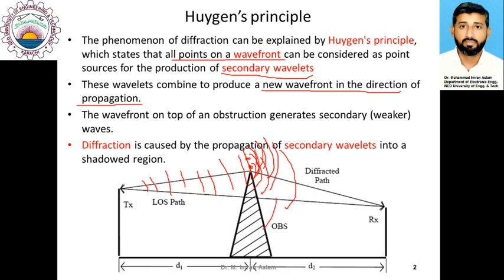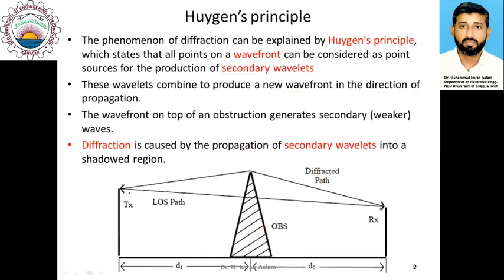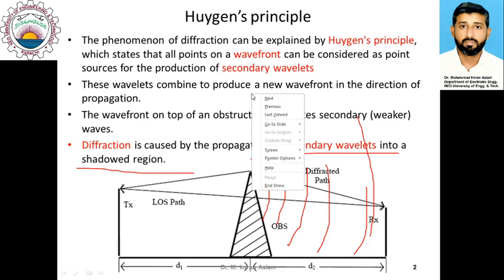So all these points will be creating wave fronts. Eventually they will have a resultant effect of having a wave in this region as well. So this diffraction phenomena causes the propagation of secondary wavelets into the shadowed region, because these secondary wavelets generated from the points will have a wave front somewhat like this, which goes in the region which is actually blocked by this obstruction OBS mentioned here.